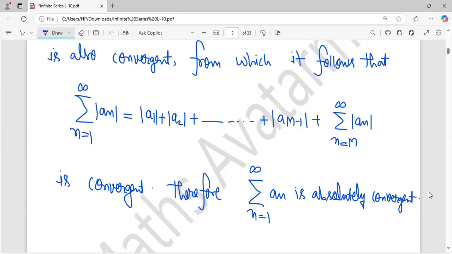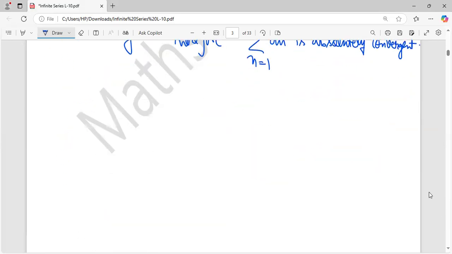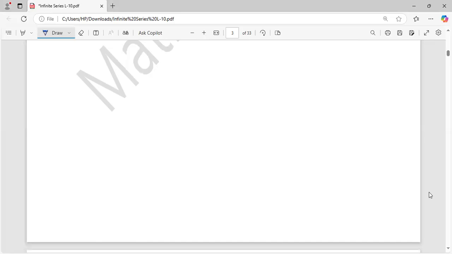So this part is done. Now, the B part, or second part: rho is in this range, it can be infinity, and it is greater than 1.